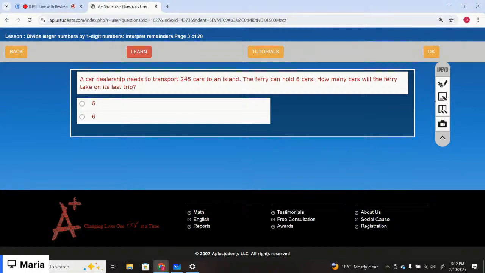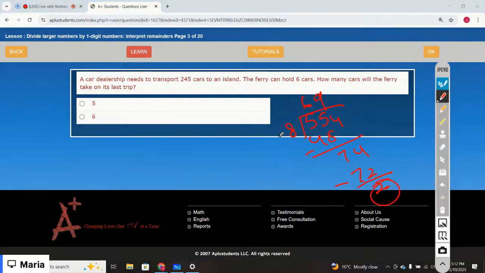So you have to divide 245 by 6. So let me just divide.